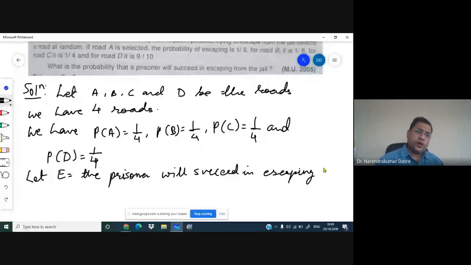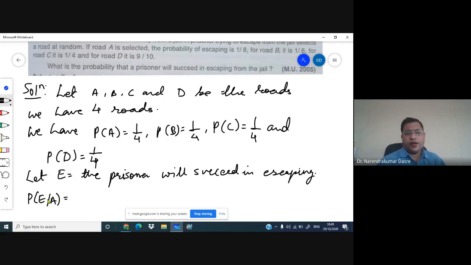Now, he will escape as he chooses any one of these roads. What we know is the prisoner will escape if he chooses road A. That means first he has to select road A, and then we find the probability that he will succeed.